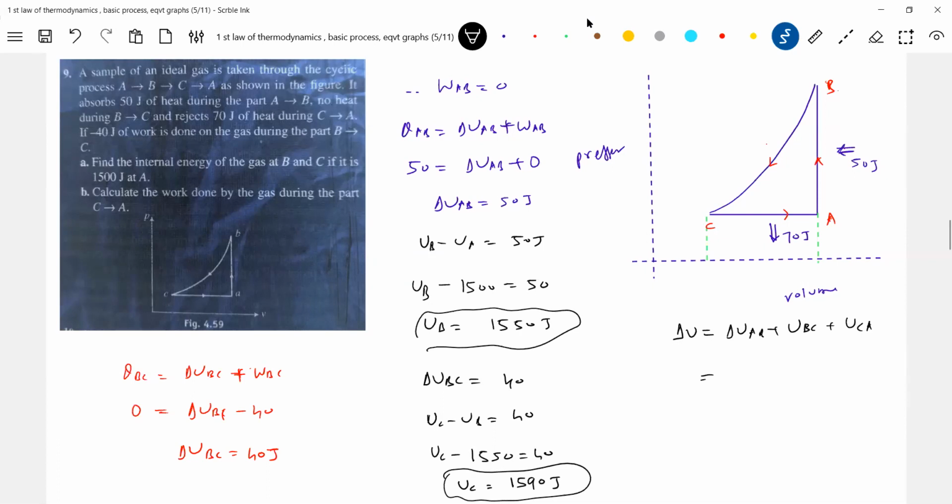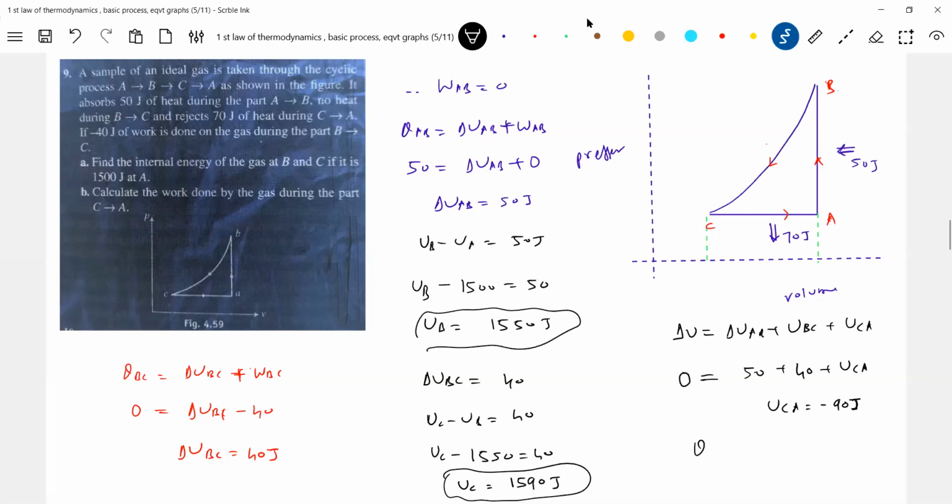What is UAB? UAB we know, 50. In cyclic process, what is change in internal energy? Should be 0. UBC we know, 40. And UCA we don't know. So what is UCA? Minus 90 joule.